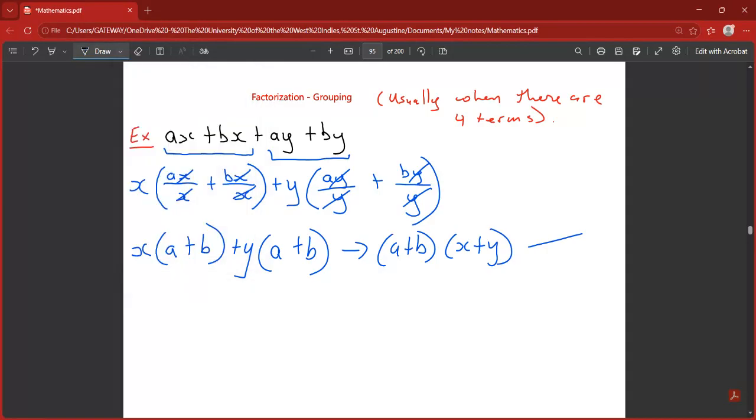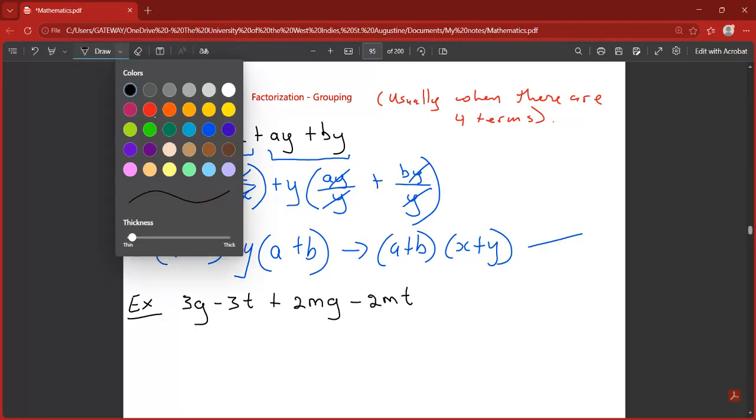Now, one example will not ensure that you understand this. You have to do more than one example. So let's look at another example here. Let's say you have 3g minus 3t, plus 2mg minus 2mt.